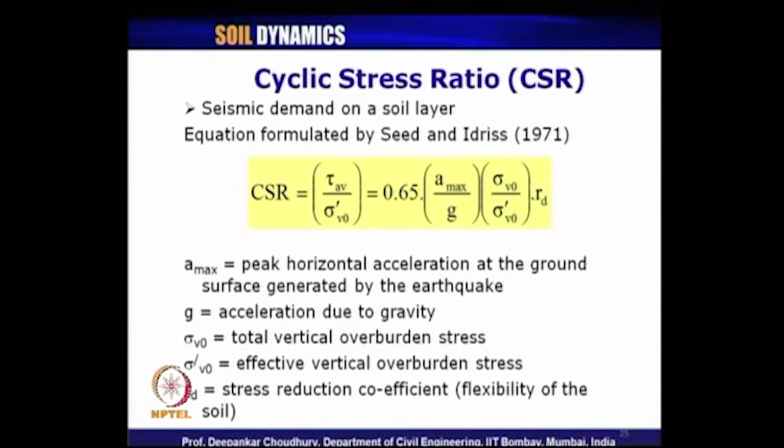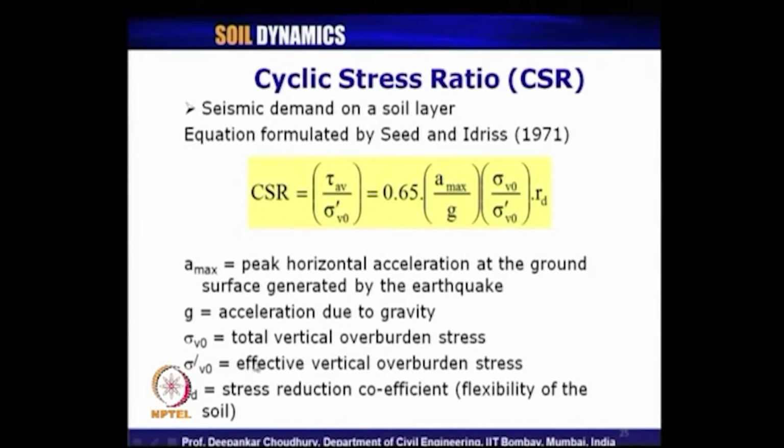So, that 0.2 or 0.3, that numerical number will come without any unit. The term sigma V naught is nothing but the total vertical overburden stress at the particular point where you are calculating the CSR and eventually the factor of safety against liquefaction at a particular depth.